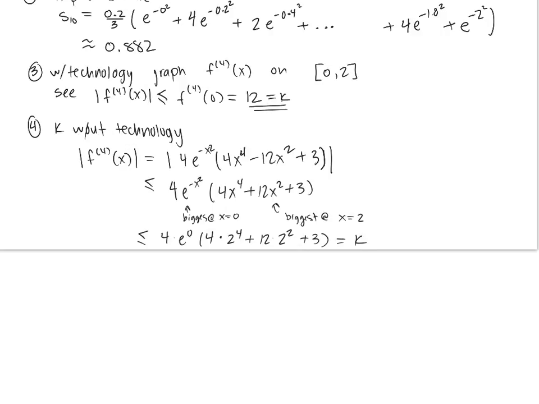You can take that to be your k, and if it's a test situation, all we're testing is can you get some estimate for k, so just leave it, don't simplify it. The point is just consider the worst possible cases for both parts of the function individually, and that gives a rough estimate for what k could be. That ends up being 460, which is way bigger than what we had, right? That's how I'd like you to give an estimate without technology.